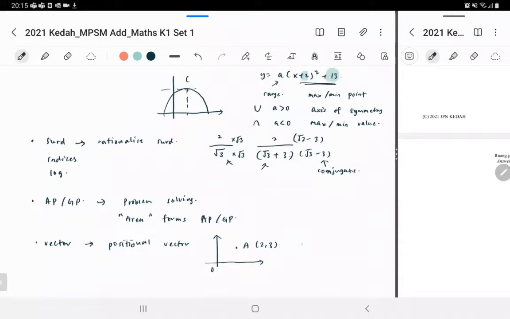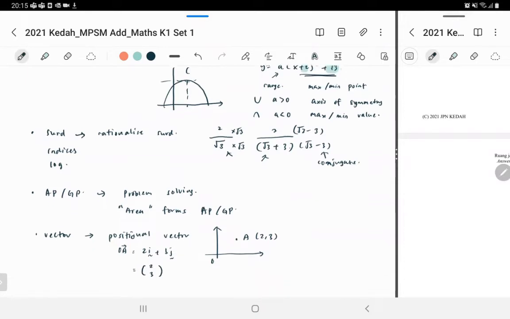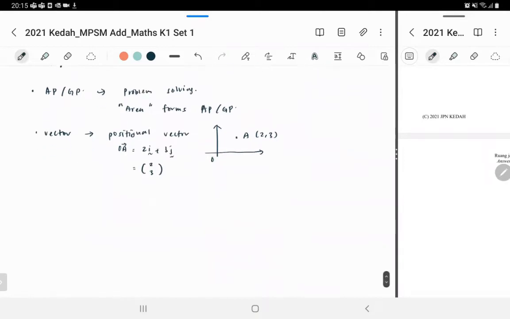So this one is O, and the positional vector refers to OA. Okay, 2i plus 3j, or else you write it in vector form, 2, 3 like this. So pay attention to this part also, the positional vector. The question might also ask you to find the magnitude, if you still remember, and also the unit vector.